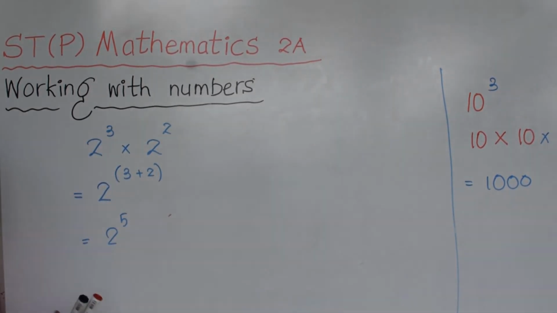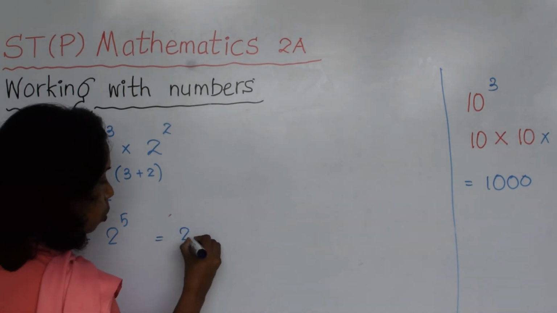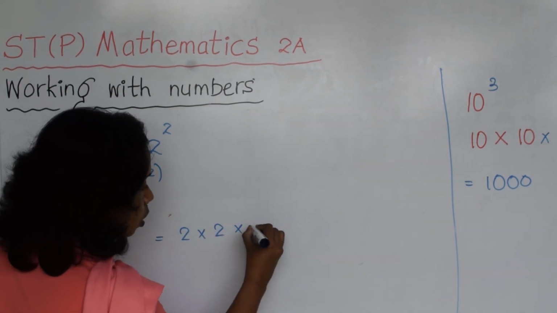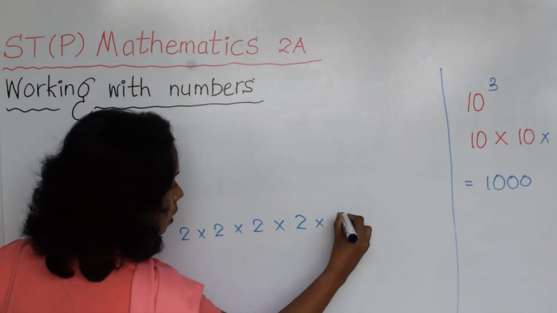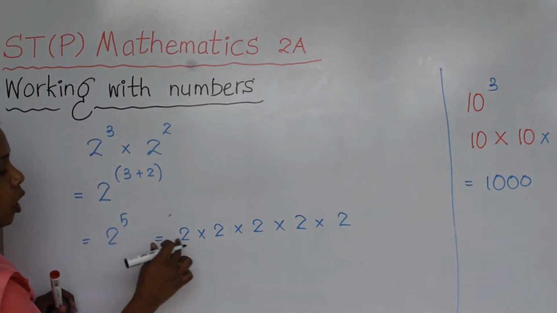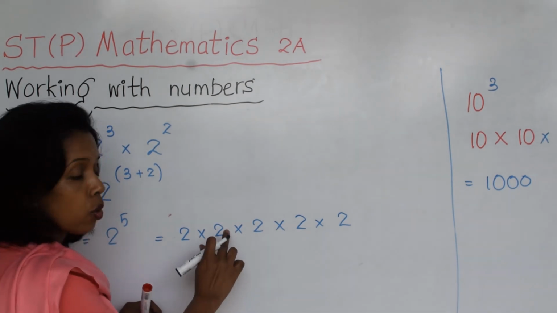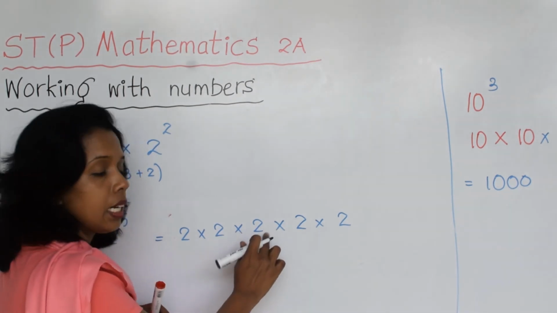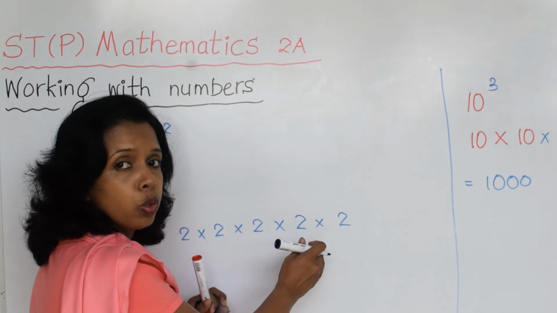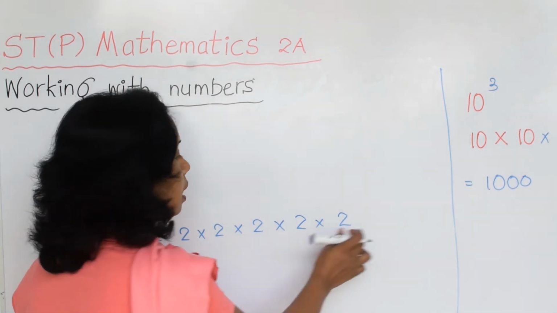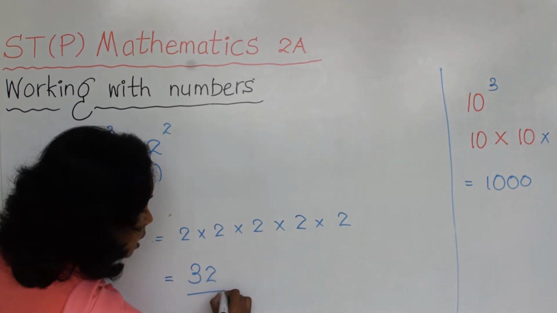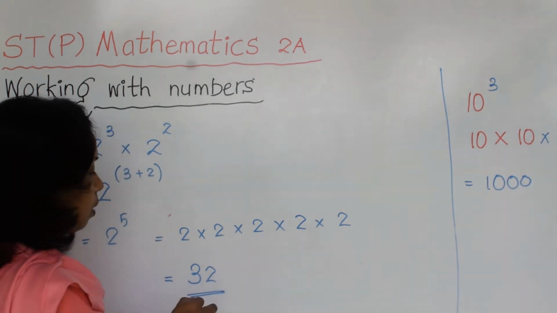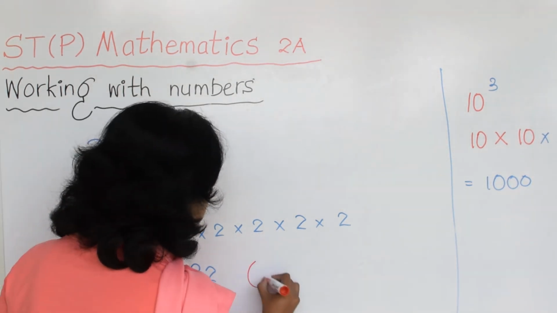You want to move to another step: 2 times 2 times 2 times 2 times 2, 5 times you multiply. 2 times 2, 4, 4 times 2, 8, 8 times 2, 16, 16 times 2, 32. This is the answer in value, right? So this is the value.